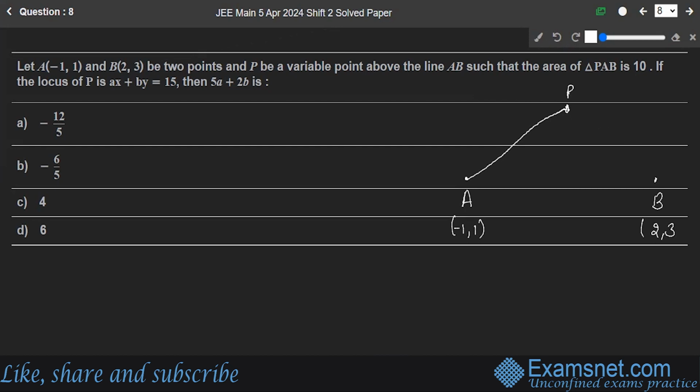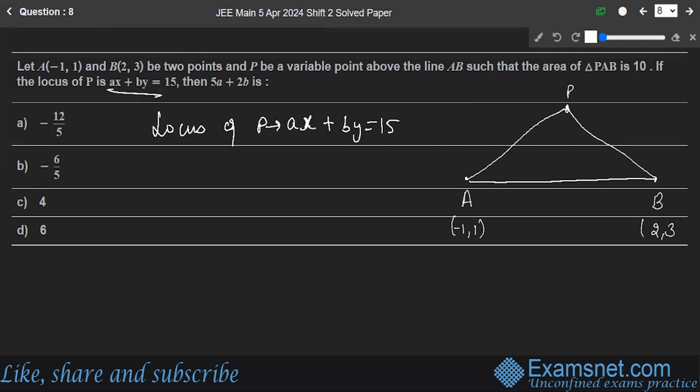Okay. So first thing, let's say locus of P is given to you as AX plus BY is equal to 15.